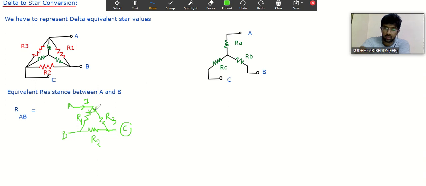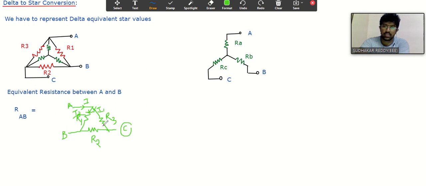If you consider this current I1 and this current I2, this I1 current is passing through R3, and there is no connection for C. We are considering only between A and B. So this I1 current is again passing through R2. That means R3 and R2 are in series, and this series combination is in parallel with R1. That is the value of the equivalent resistance between A and B.